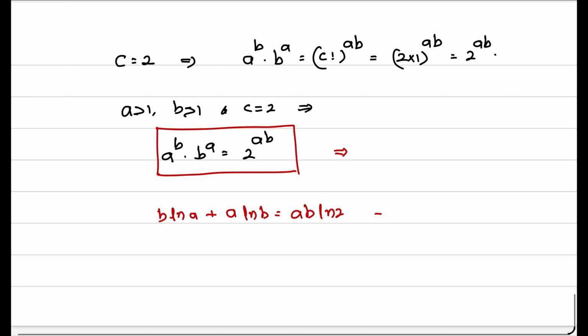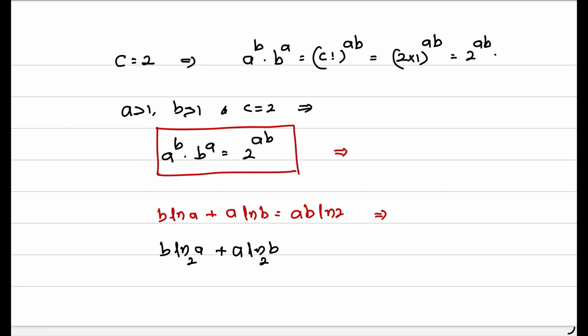If I take the base as 2, what happens? B into ln to the base 2 of A plus A into ln to the base 2 of B is equal to AB into ln to the base 2 of 2, that is equal to 1. Ln A to the base A is equal to 1. That is equal to AB.